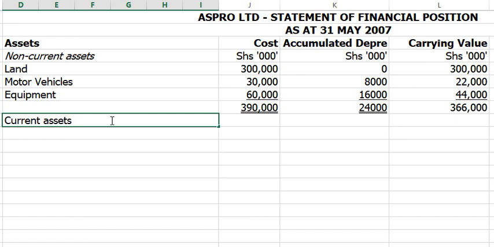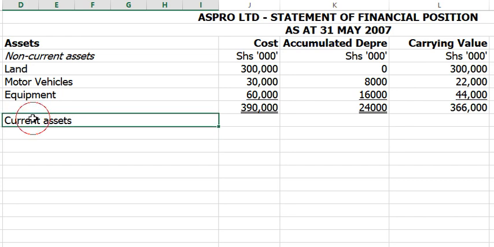When you talk about current assets, we are looking at those assets other than the non-current assets. Assets like inventory, the trade receivables, the prepayments, cash at hand, as well as cash at bank. So there are those assets of the company that are expected to be conveniently sold, consumed, or used within a period of 1 year.